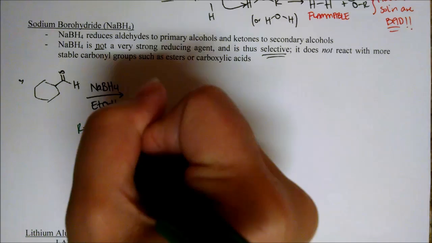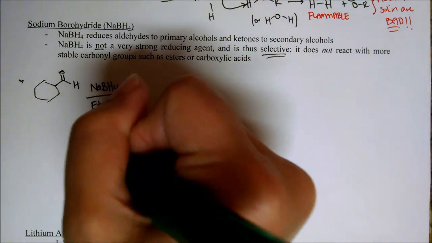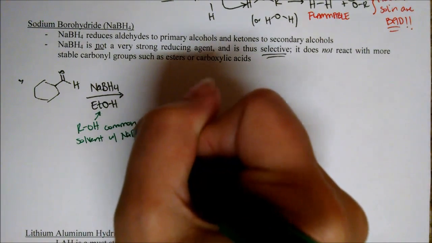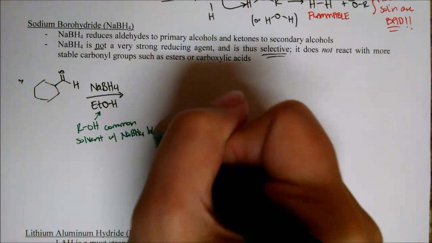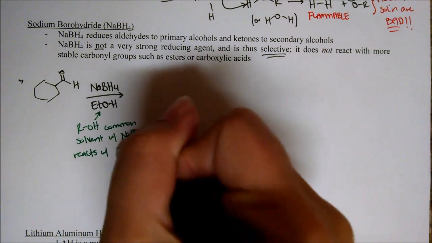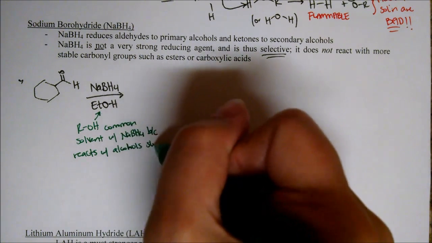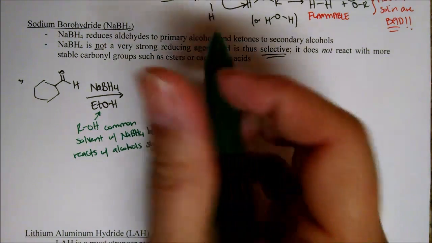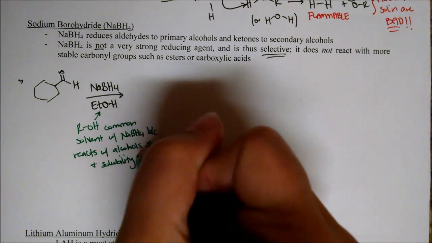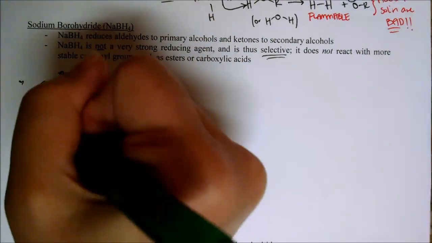So the ROH is the common solvent with NaBH4 because it reacts with alcohols slowly and solubility is good.